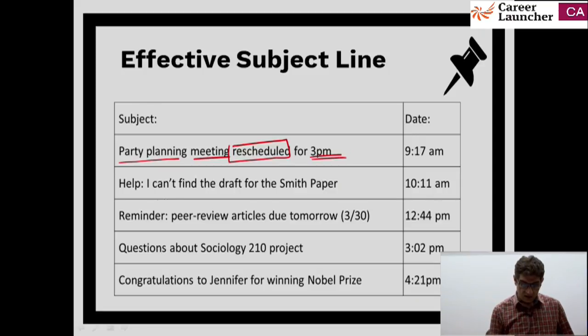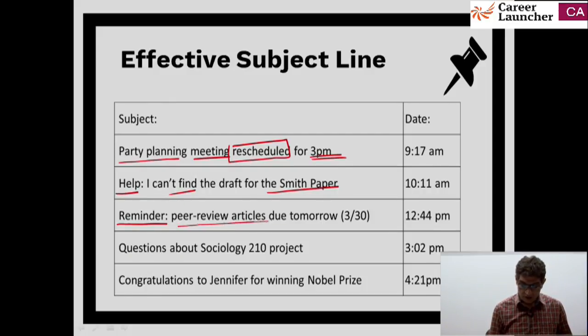Then the other one very clearly tells me that the other person needs my help. Help over what? Finding the Smith paper. So I can straight away figure out whether it is something that concerns me or not, or is a high priority thing for me or not. Once again, the other one very clearly says that it is a reminder.